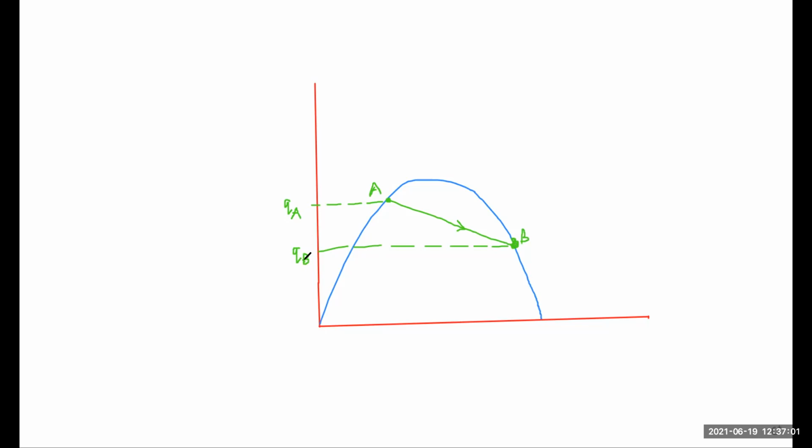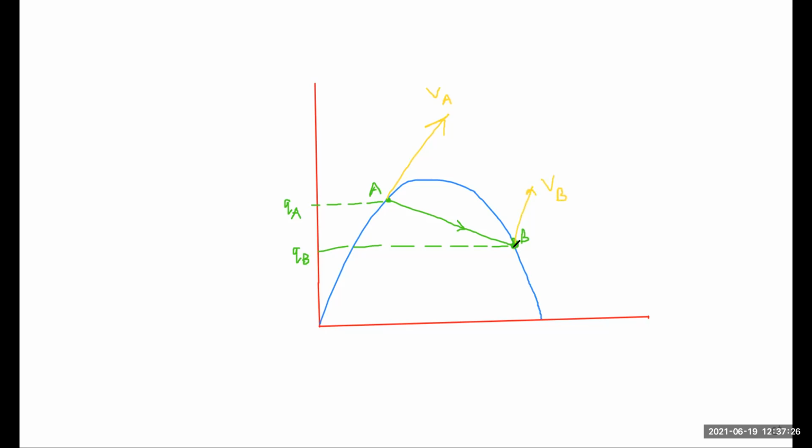So basically this is your QB, this is your VA, velocity at A, and this is your VB. From here we plot our VB. This is your KB, so use a different mark.